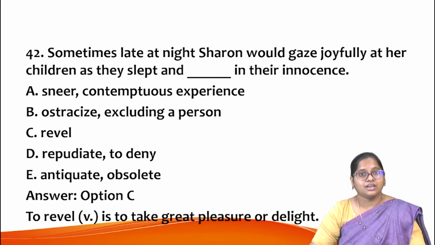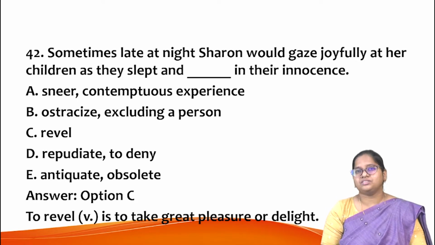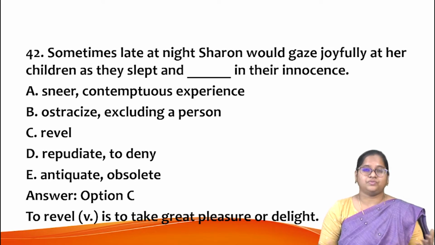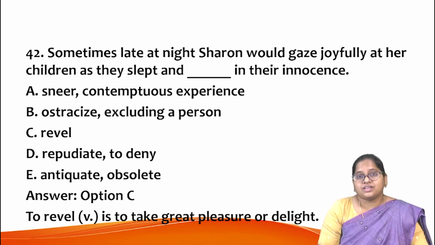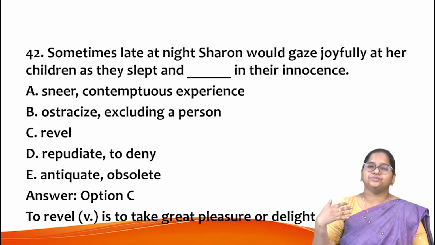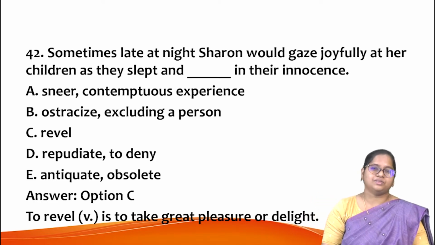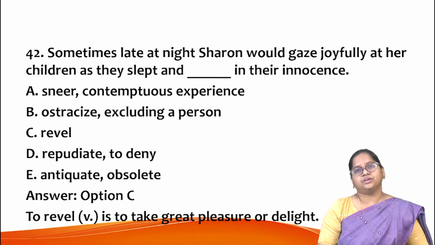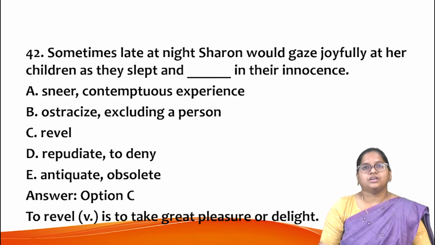One option is sneer: kind of contemptuous, a very bitter and sad experience. Ostracize is where you exclude a person, send the person away, eliminate the person from the surroundings.